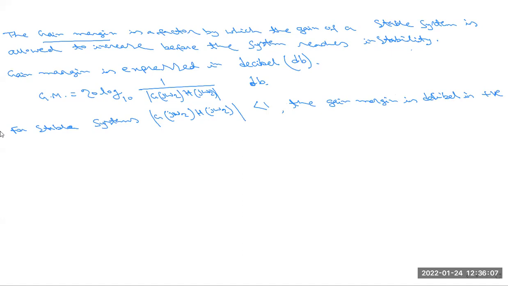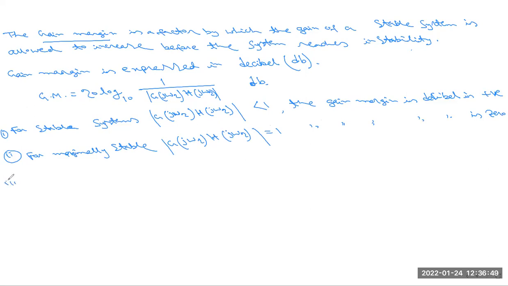Okay, this is condition number one. Number two, for a marginally stable system, where the magnitude equals 1, the gain margin in decibels is 0.